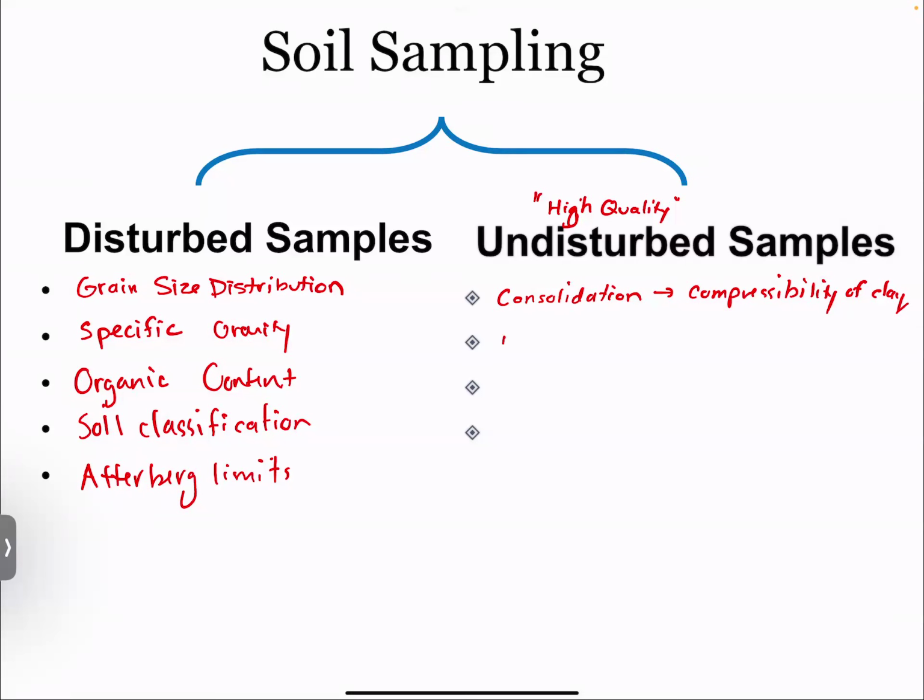Or something called the triaxial test, which measures the shear strength of soil. Or the hydraulic conductivity, which are all fun, fancy words. This is the permeability, or the ability for water to travel through the pore space.